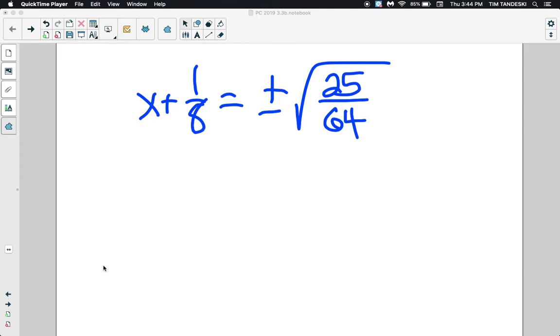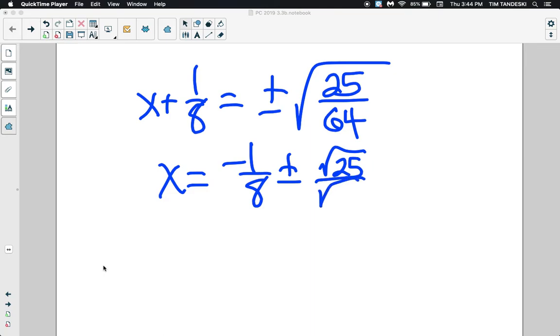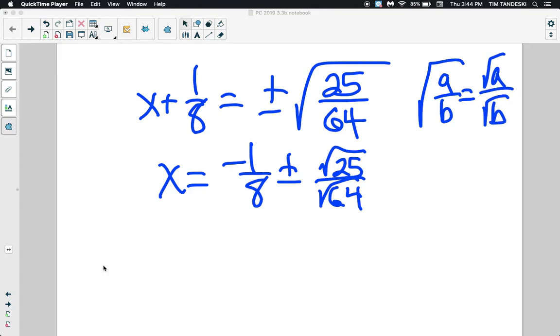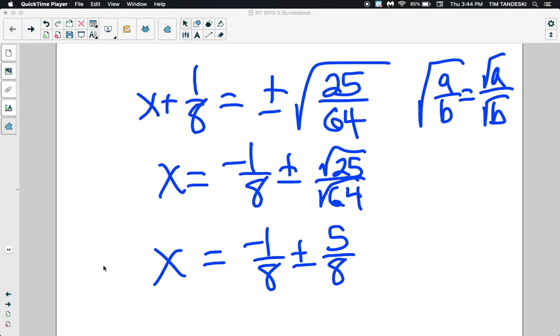So one more step here, I would get x equals negative 1 over 8 plus or minus the square root of 25 over the square root of 64. Recall that the square root of a divided by b can be rewritten as the square root of a divided by the square root of b. So we would have negative 1 over 8 plus or minus 5 over 8. Those would be my two solutions.